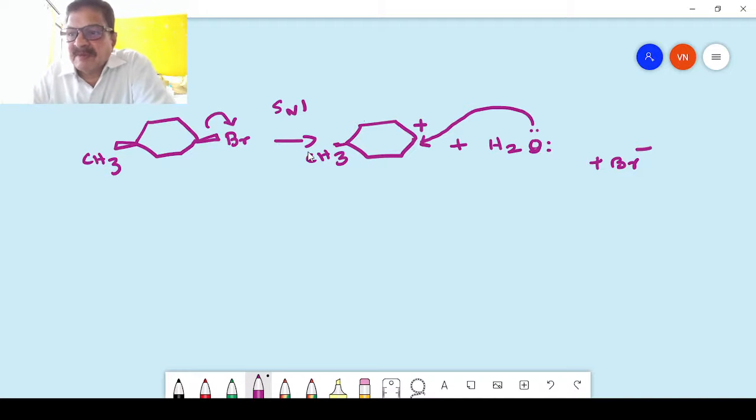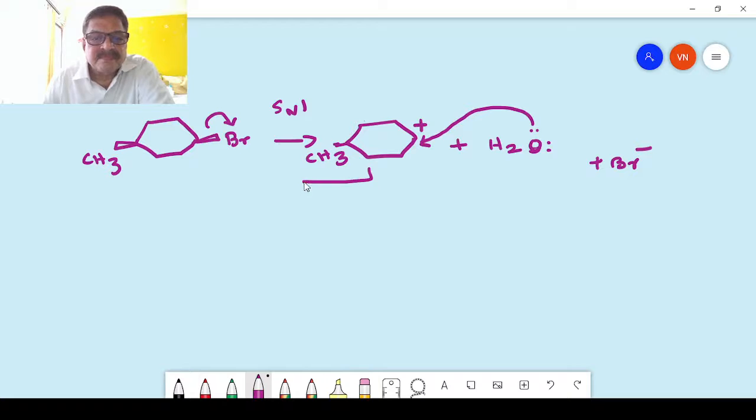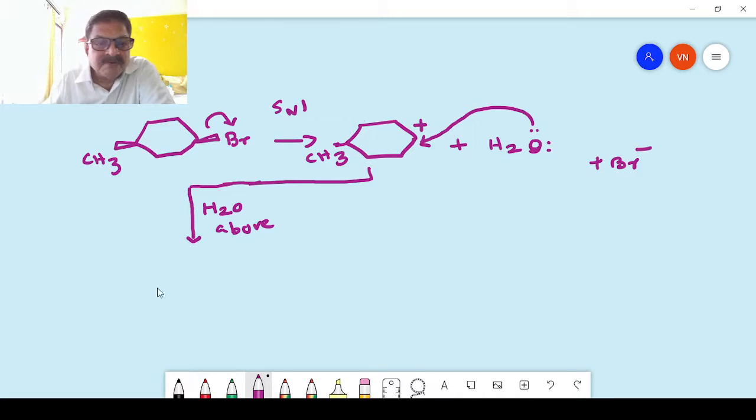The carbocation is planar, so the H2O nucleophile can attack either from below the plane of the ring or from above. Now let us see above the plane how it will be. Here the water, the nucleophile, is attacking from above the plane of the ring. So what will be the nature of the product formed?